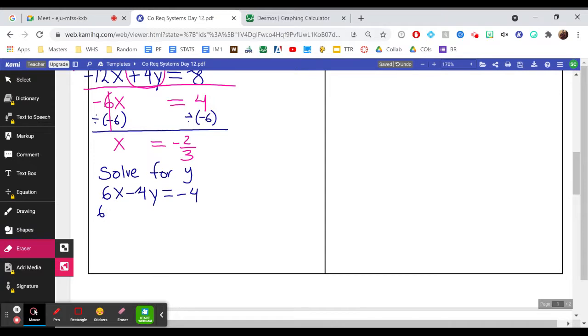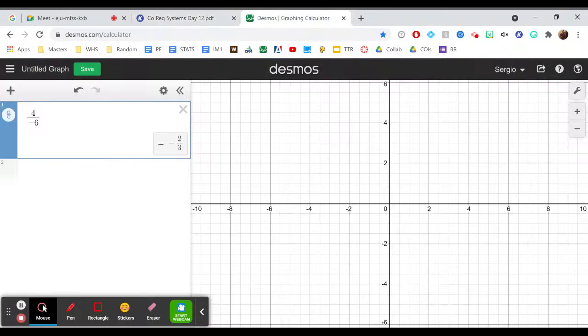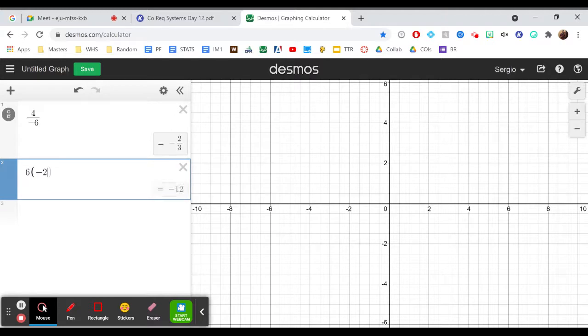Stop. Instead of x, I'm going to put negative 2 over 3. So negative 2 over 3 minus 4y is equal to negative 4. Okay, so now I'm going to multiply this, and I'm going to go ahead and do that in decimals. 6 multiplied by negative 2 over 3.